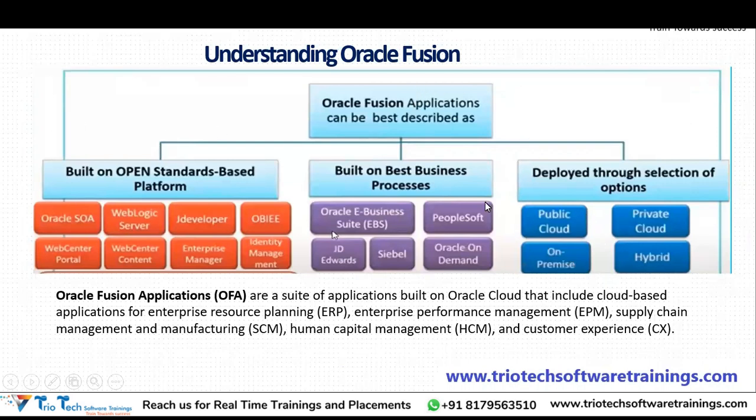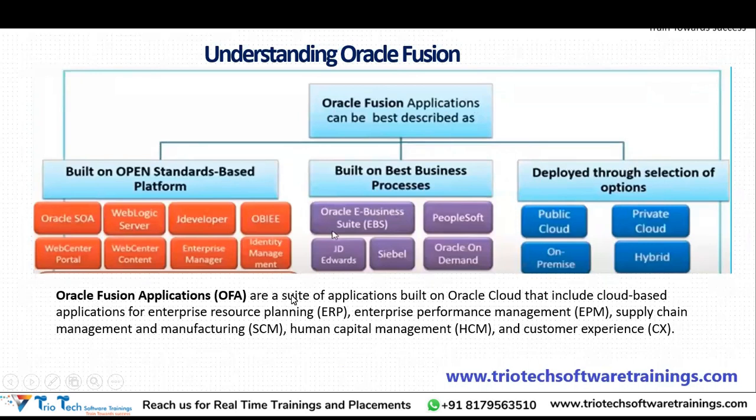So it is a mix of all these open standard based platforms, built on the best practices in the market and deployed through a selection of options. Together they have formed the Oracle applications. That is why Oracle Fusion can be best described as this.